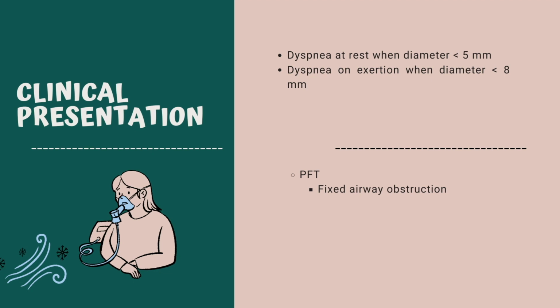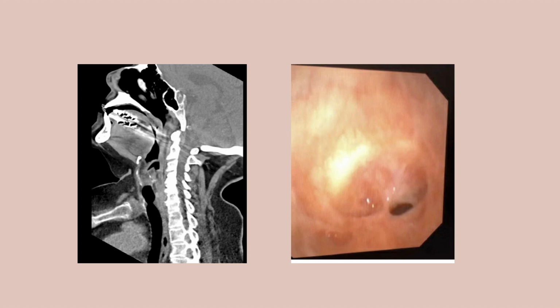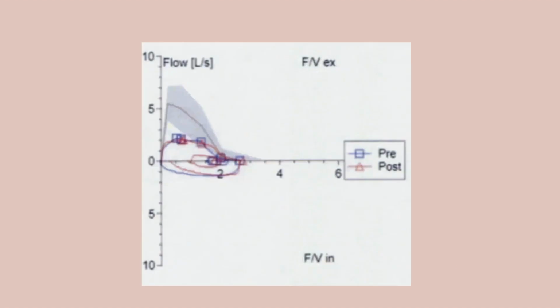There have been patients who had this condition for many years, and although they have a very severe obstruction, they basically compensate for it, so they may not complain a lot. When the stenosis is severe enough, it will show fixed airway obstruction, similar to this picture.